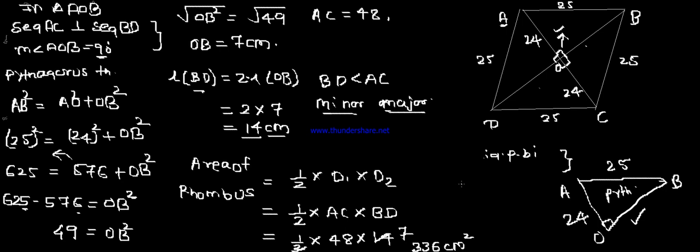I will draw a rough diagram over here. The A will come here, then here is B, here is C, and here is D. And now the AC will become the major diagonal and BD will become the minor diagonal. So it will be a nice gesture towards the maths and geometry, that you will do each and every sum with the perfect steps. These are the perfect steps, okay? So let's go for the next sum.